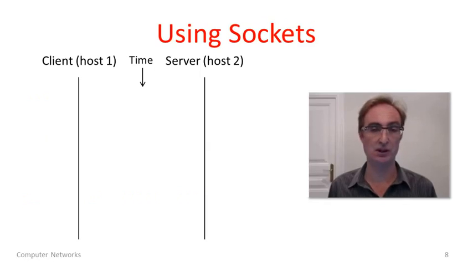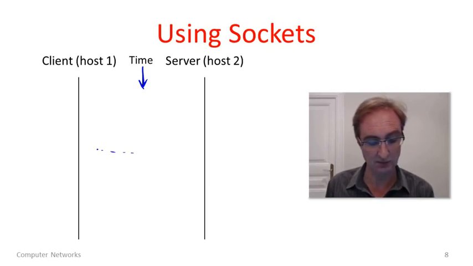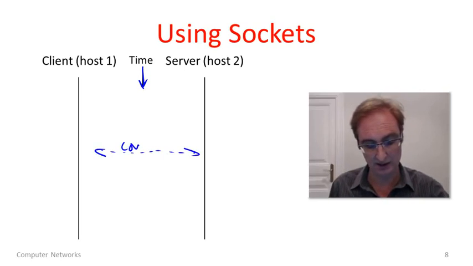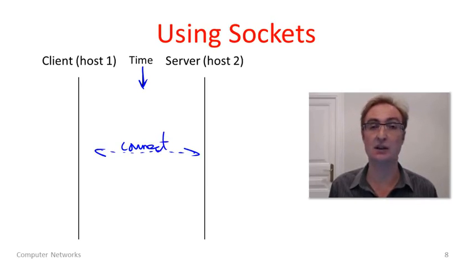So let's go into a little bit more detail and see how we would actually use sockets. Now, I'm drawing a time sequence diagram here. We have a vertical line for the client, the first host, on the left-hand side, another vertical line for the server on the right-hand side. Time runs down this page. So let's see what happens over time. Well, actually, the first thing we need is some phase when we connect the client to the server.